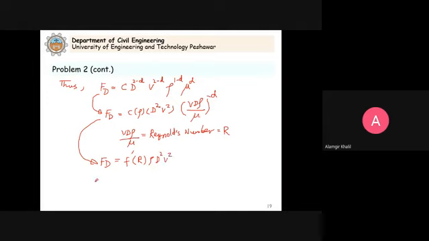Or we can express FD divided by rho d square v square, that is equal to F prime of R. So this indicates that the drag force on a sphere is equal to some coefficient into rho d square v square, where the coefficient is a function of the Reynolds number. Clear?